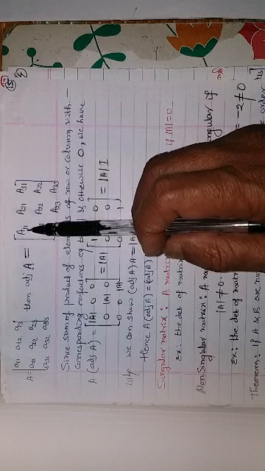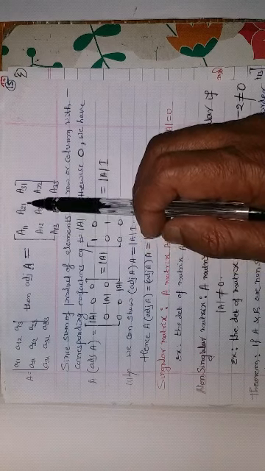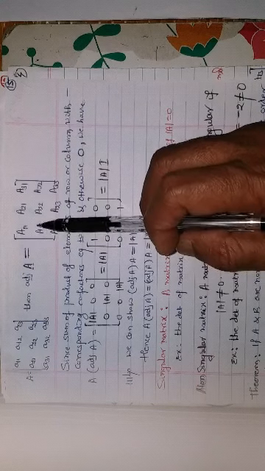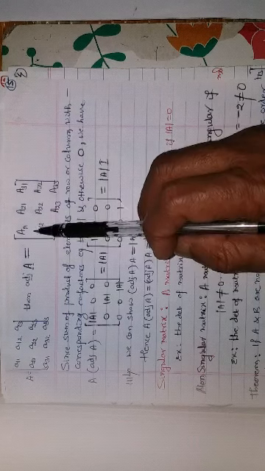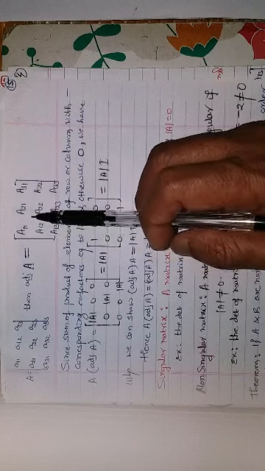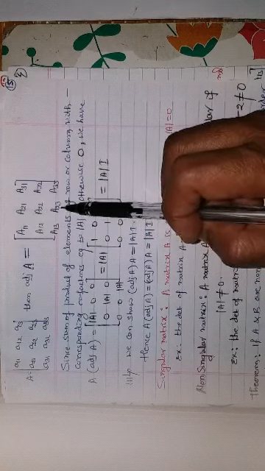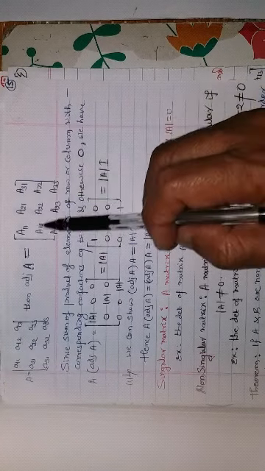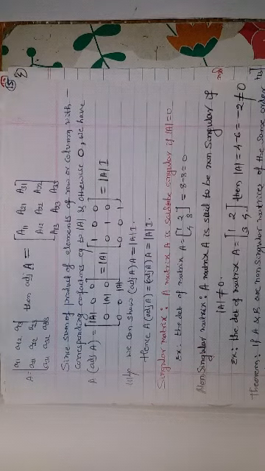Capital A11 defines here the cofactor of the element A11. It can be written as the conversion of rows into columns, which is the new determinant formed that defines the adjoint of A. So, capital A11, A12, A13, A21, A22, A23, A31, A32, A33, this is the adjoint of a square matrix.